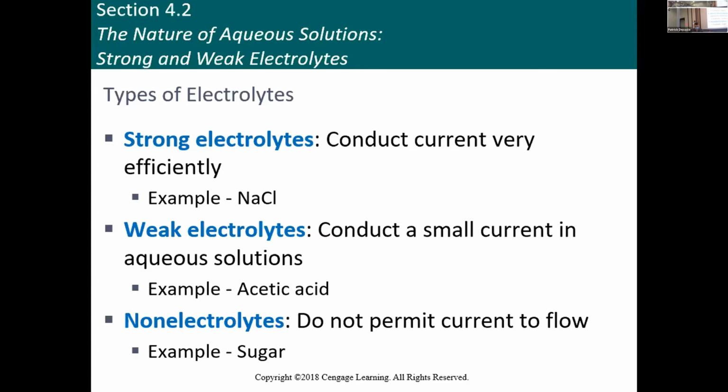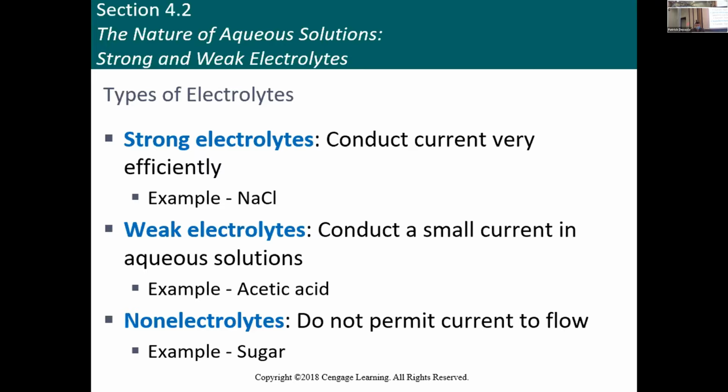Then you have non-electrolytes. They're the ones that do not break up. They have no ionic dissociation when they dissolve. But the thing is, they still dissolve. So something that's debatable: is oil a non-electrolyte? Well, it doesn't dissolve in water at all, and it doesn't dissociate because it doesn't dissolve at all.